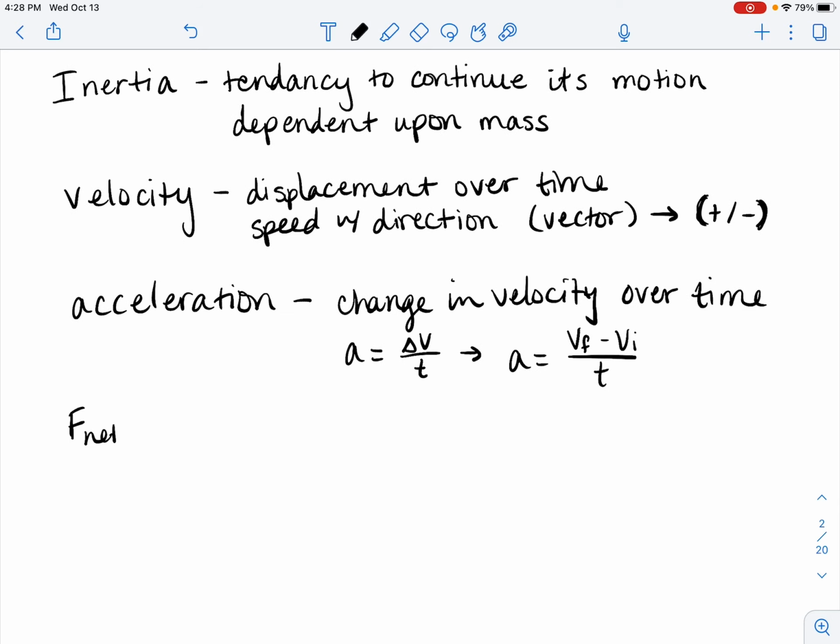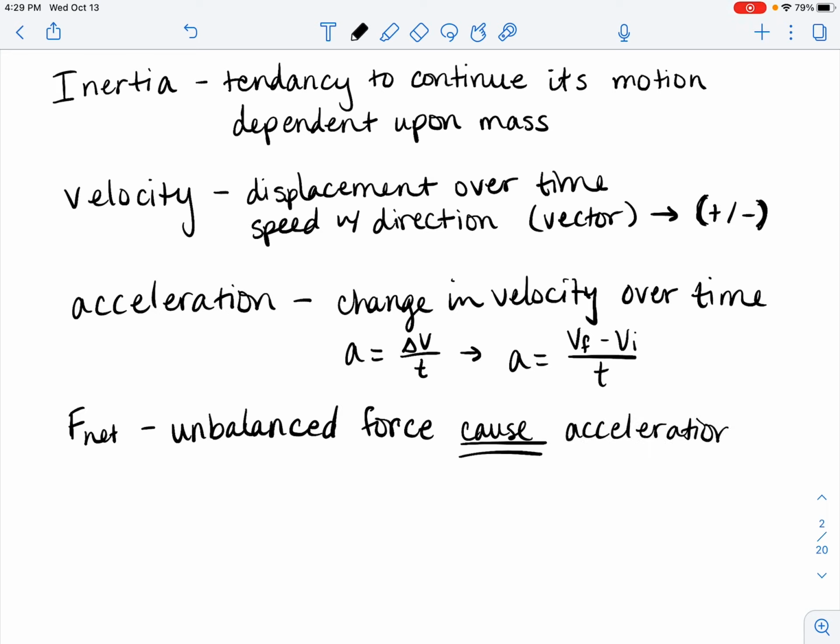So we also learned about net force, which says that we have some sort of unbalanced force, and this force, or the sum of these forces to create that net force, is going to cause objects to accelerate. So if we have acceleration, it's because a net force acted upon our object in order to create that acceleration.